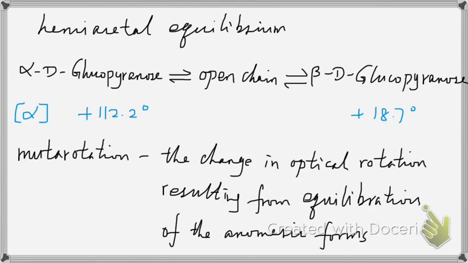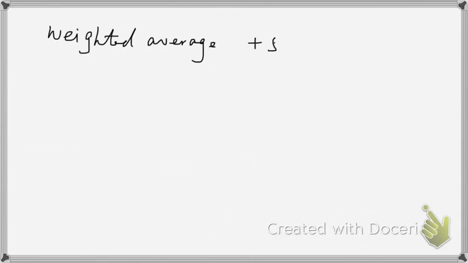Okay, so if you use the pure beta form, the initial optical rotation is 18.7, and if you put it in solution, and after a while, the optical rotation will be increased to which number? The one I just told you, 52.36. And that number is the weighted average.